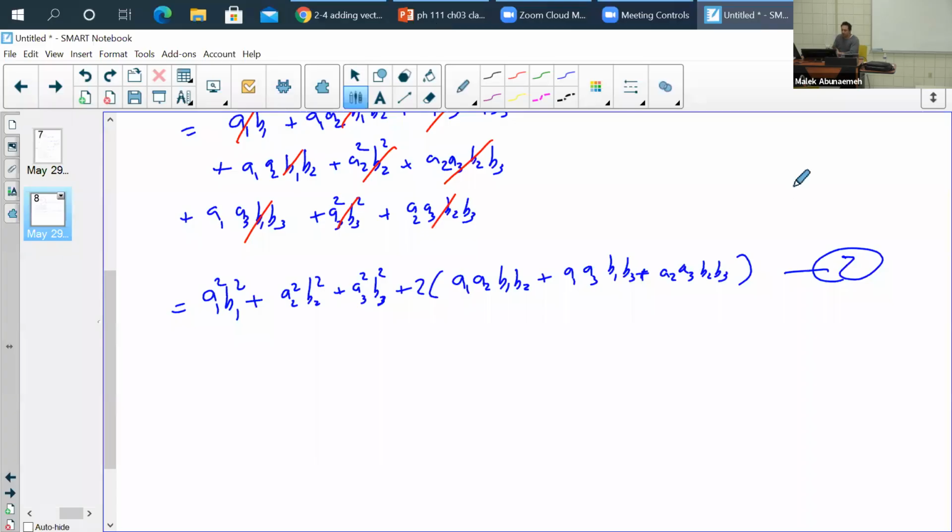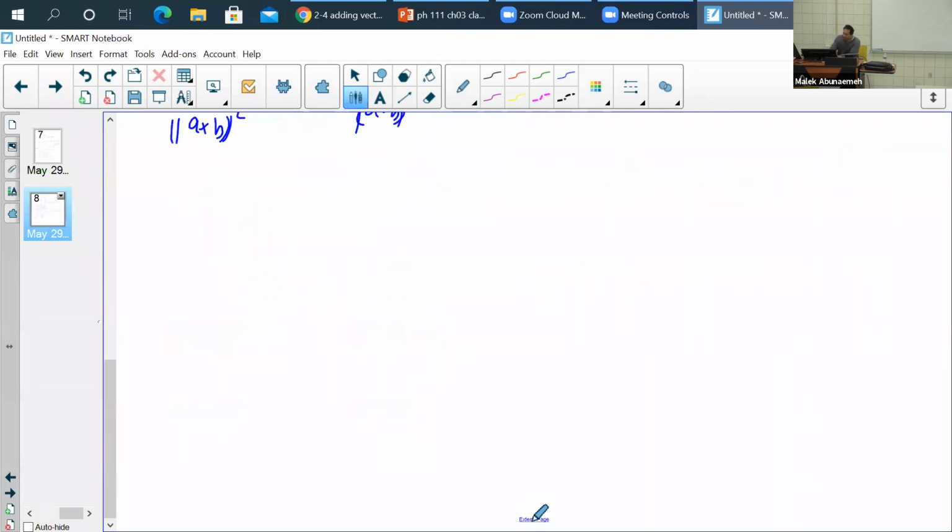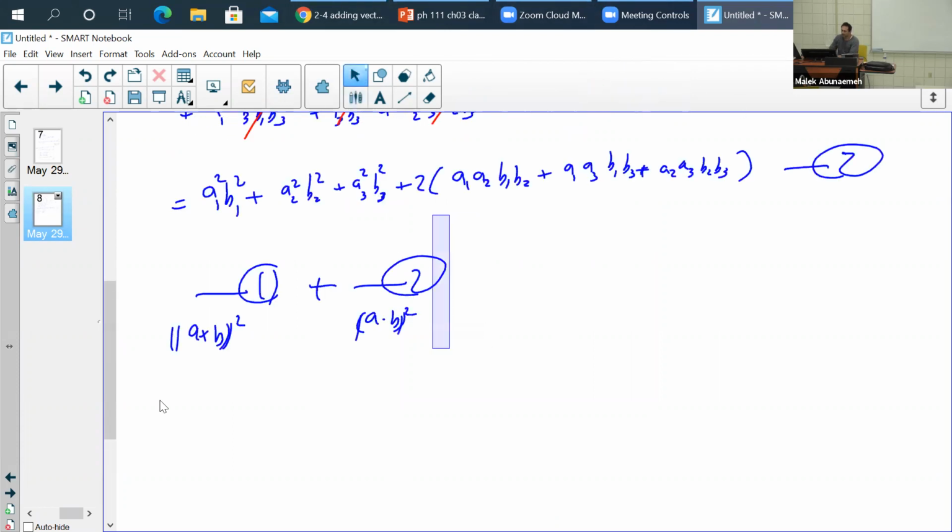Now let's add equation 1 plus equation 2, where equation 1 is for A cross B, your magnitude squared, and this is A dot B, your magnitude squared. Actually, let me put this in a new window.